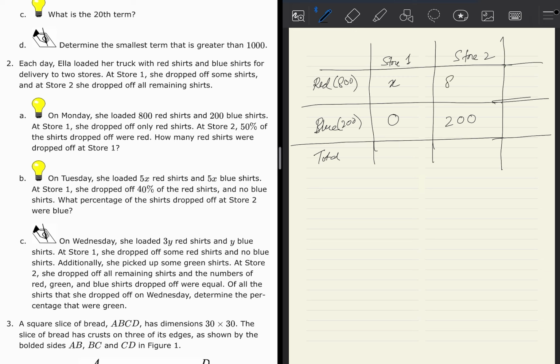So the remaining shirts can be calculated as 800 minus X. So this is the number of shirts that were dropped off at store 2. And our objective is to find out how many red shirts were dropped off at store 1. Essentially, we have to find the value of X.